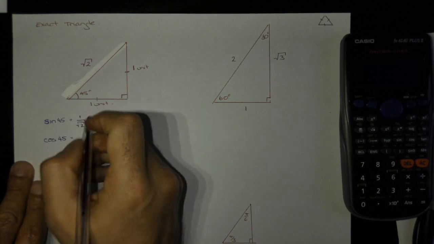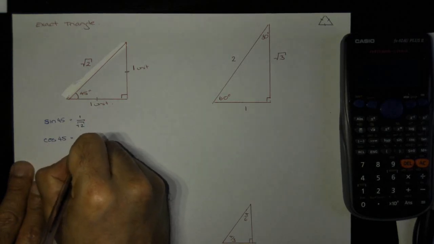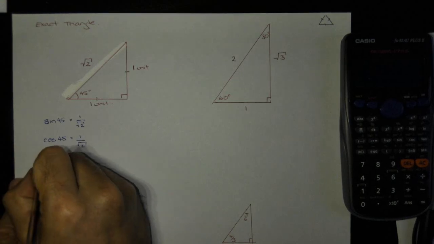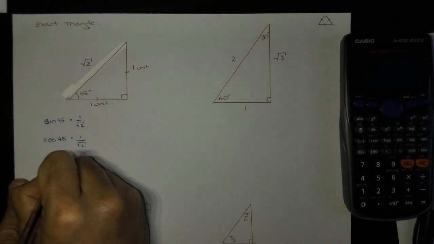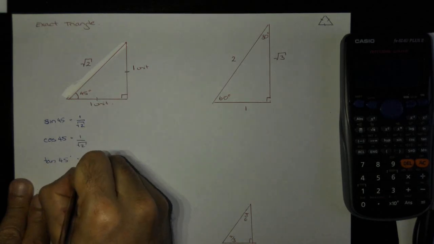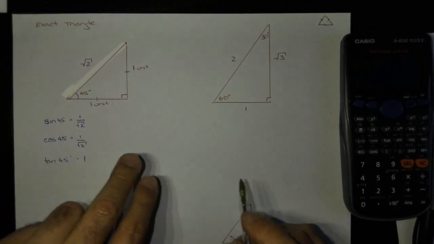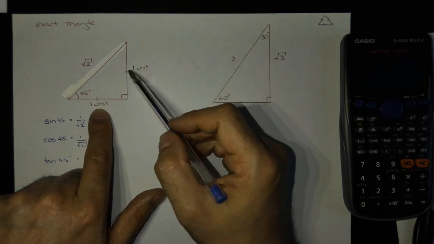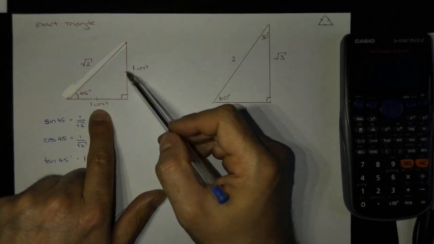Cos 45 is 1 over square root 2. And tan 45 is opposite over adjacent, so that's going to be 1. Okay. So that's based on an isosceles triangle where each side is worth 1 unit.